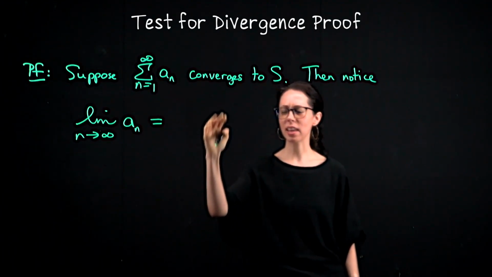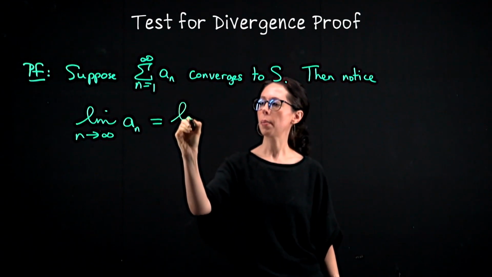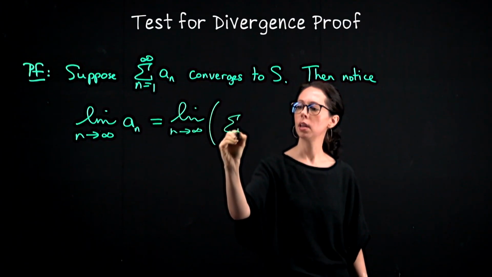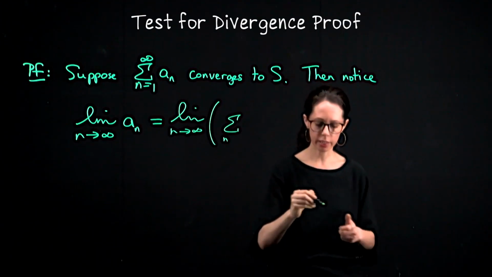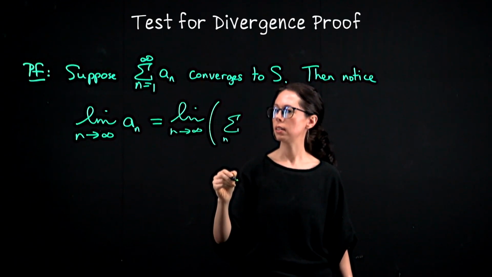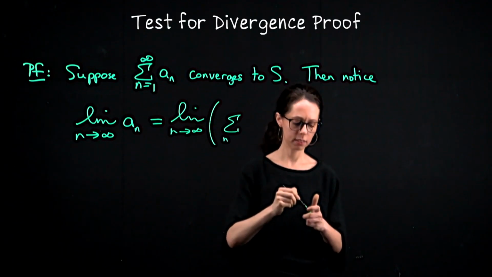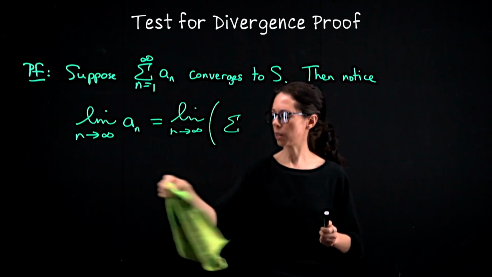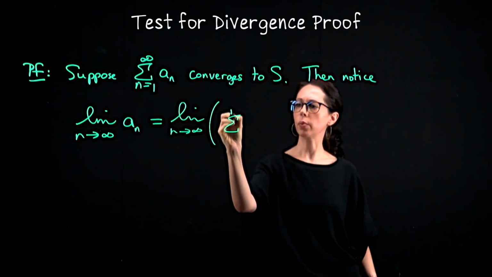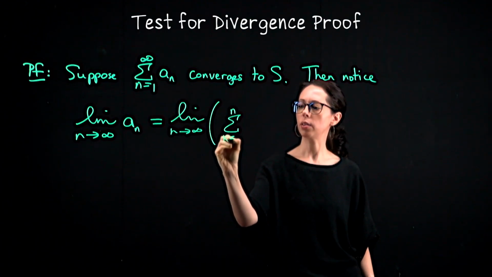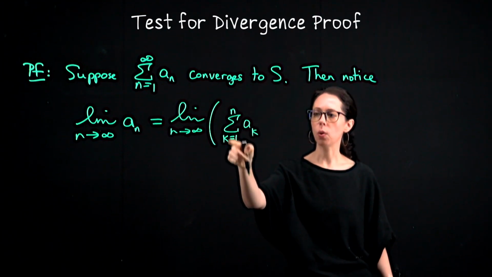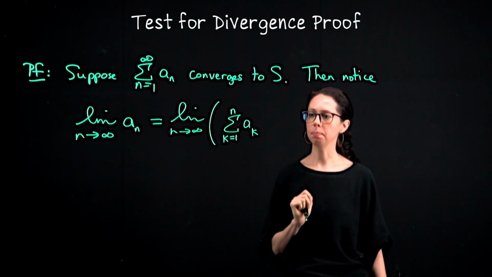In fact, let me write this. I think I'll write that description twice. So how about the limit as n goes to infinity of the partial sum going from, oh, I have to be careful here, I think I'm overusing the letter n, because if I want to say the nth partial sum, that means I need to stop adding when I get to the number n. So let me index now using the letter k. I'm just switching from n to k to say that we're going to add up a1, a2, a3, a4, all the way through a sub n.